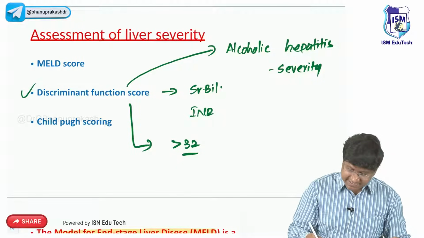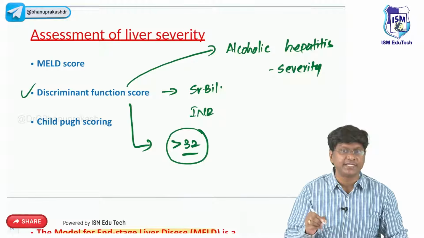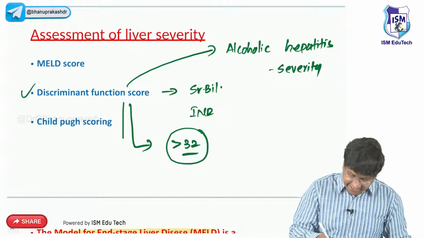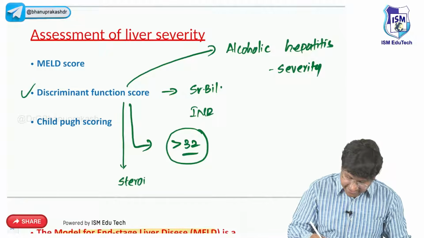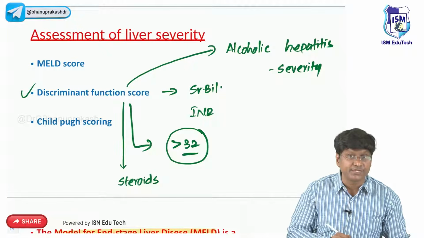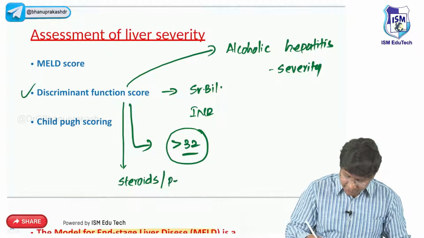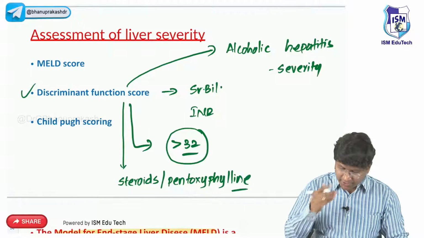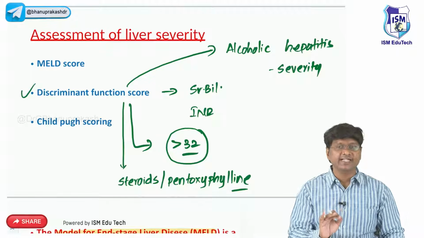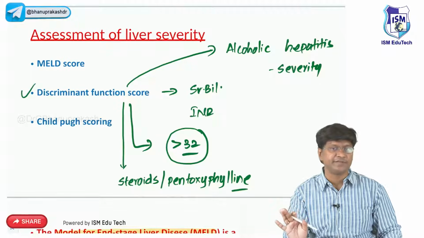Now, if this discriminant function score is more than 32, it is an indication that you need to give steroids, or you need to give pentoxifylline. So that is your DF score, discriminant function score.